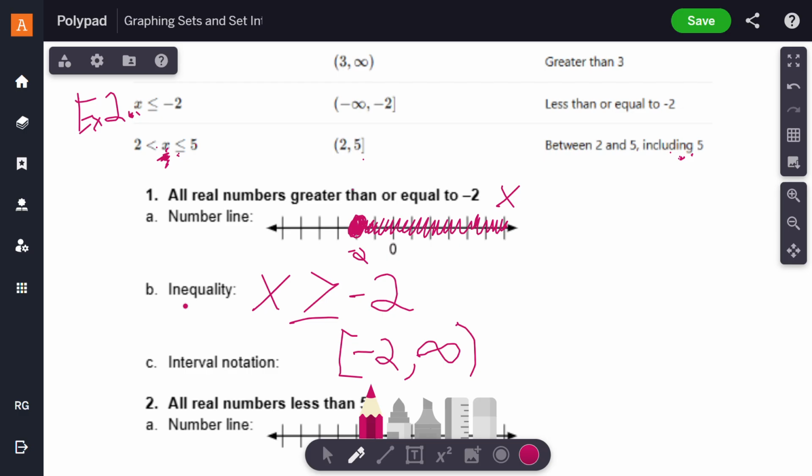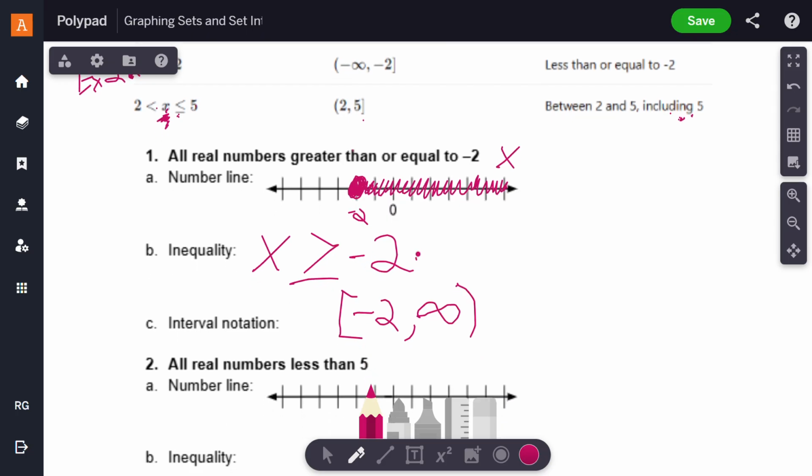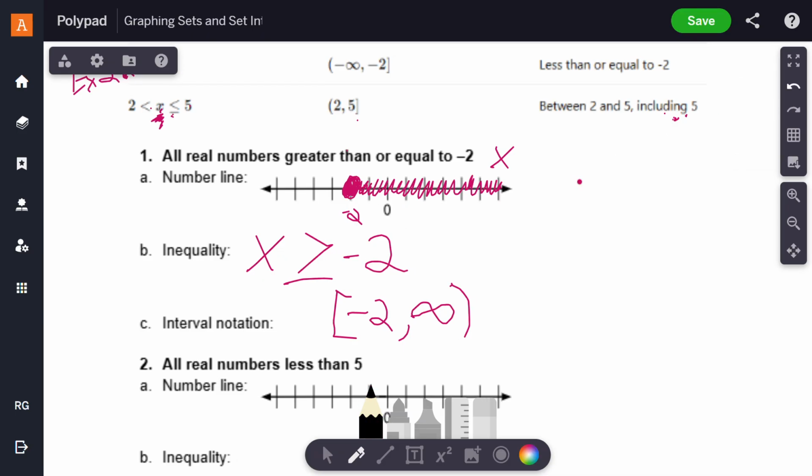Whether you're using interval notation, inequalities to graph multiple numbers, or number lines, all three parts of this problem are essentially the same, different ways of saying the same thing, different ways of representing the same sets of numbers.